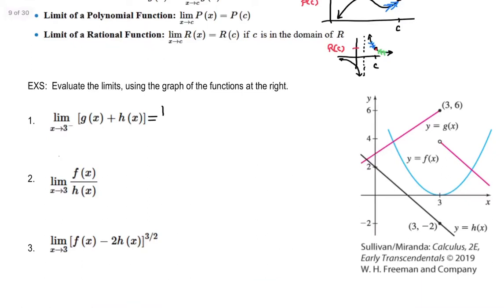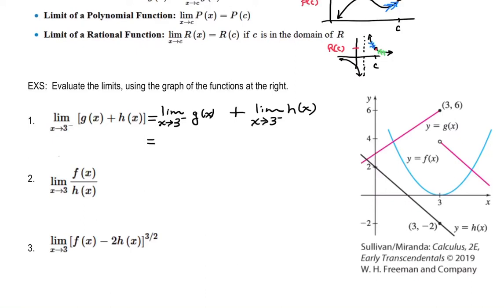So this is going to equal the limit as x approaches 3 from the left of g of x plus the limit as x approaches 3 from the left of h of x. That's how all of these will go, so I may not write out those details every time. We may just go to this particular step.